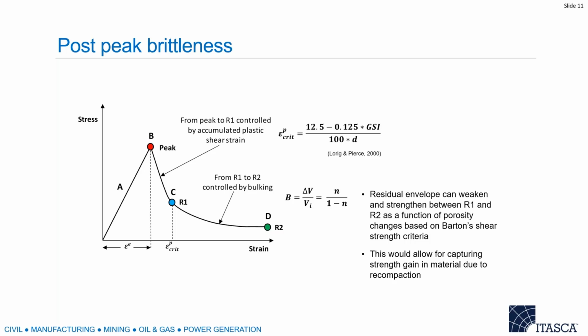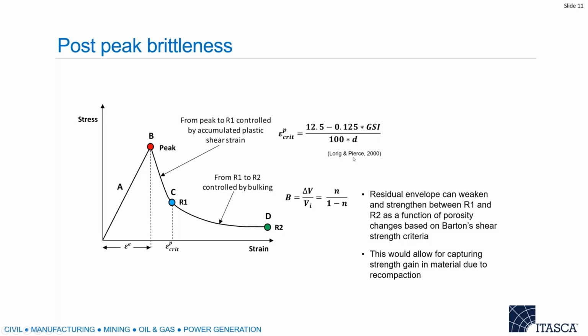But if you don't have a starting point, based on some of our work with Mass Mining Technology, an industry-sponsored project back in 2000, looking at some of our case studies, Lauren and Matt Pierce came up with this equation that gives you an estimation of what this critical plastic shear strain is going to be for your material based on GSI.